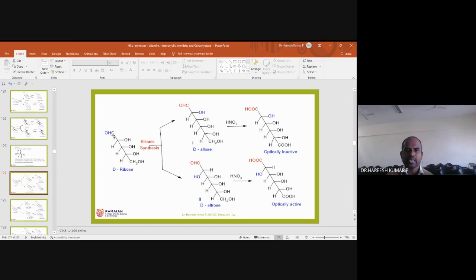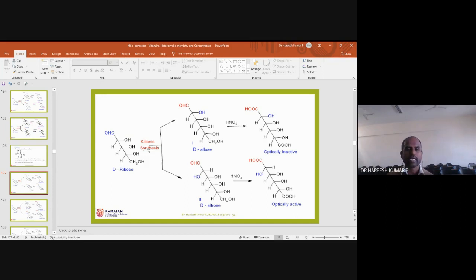So here ribose contains an aldehyde. That aldehyde group is converted into a hydroxy group. How is it converted? By employing the Kiliani-Fischer synthesis. So what is Kiliani-Fischer synthesis? It is nothing but a reaction with hydrogen cyanide followed by hydrolysis and then reduction.